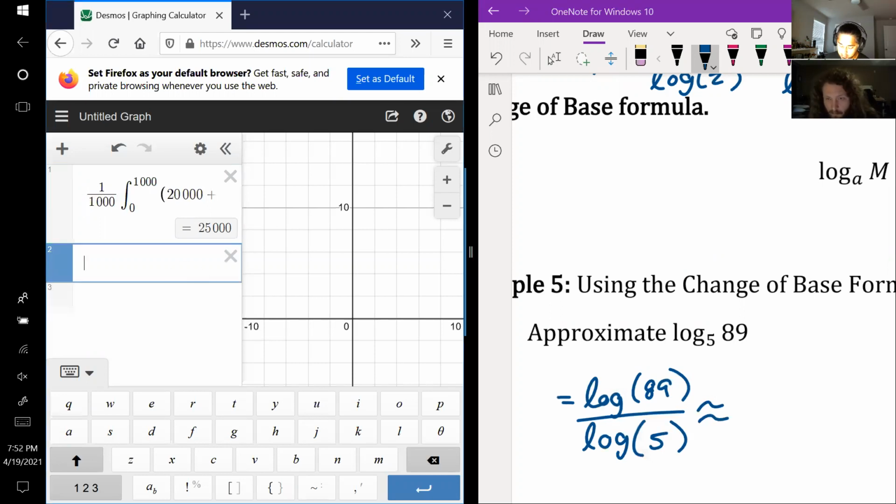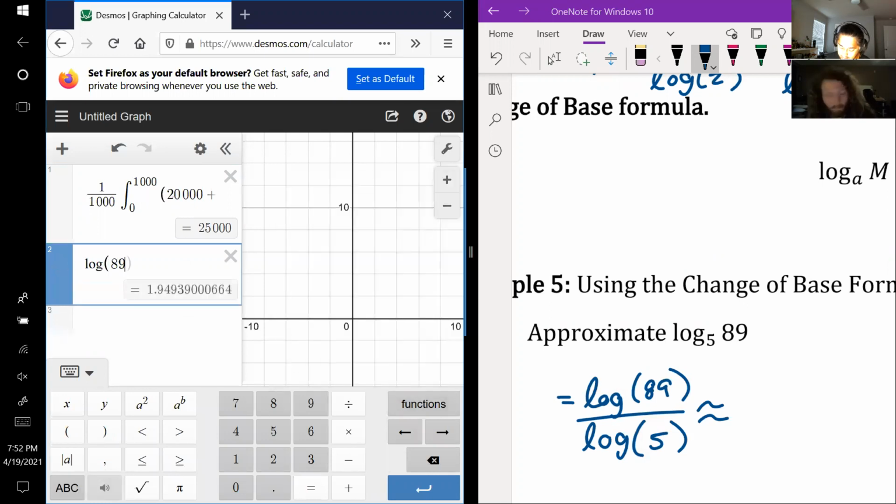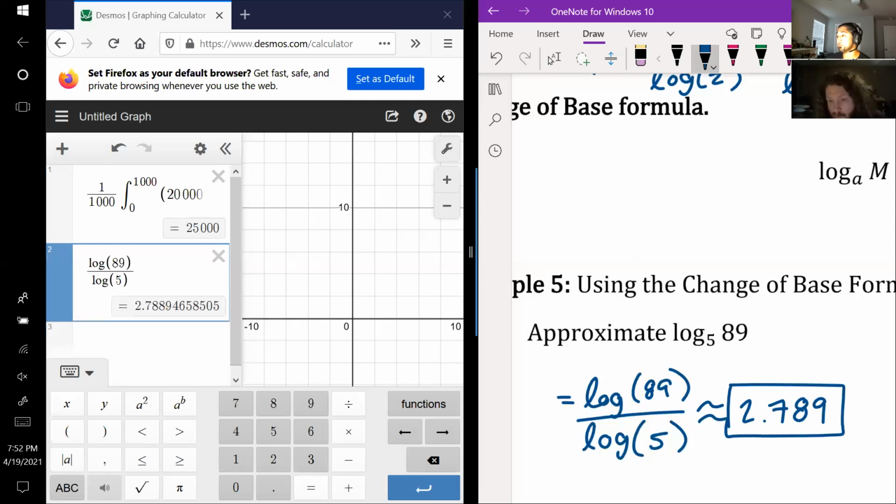And over here, I'll type the same. Log of 89 over the log of 5. And we get 2.789. There you go.